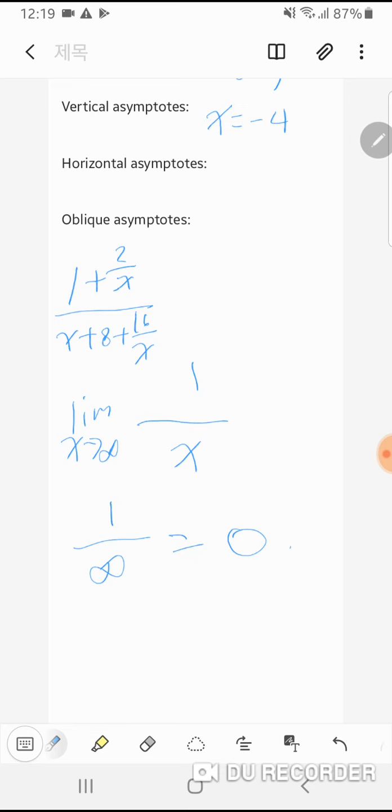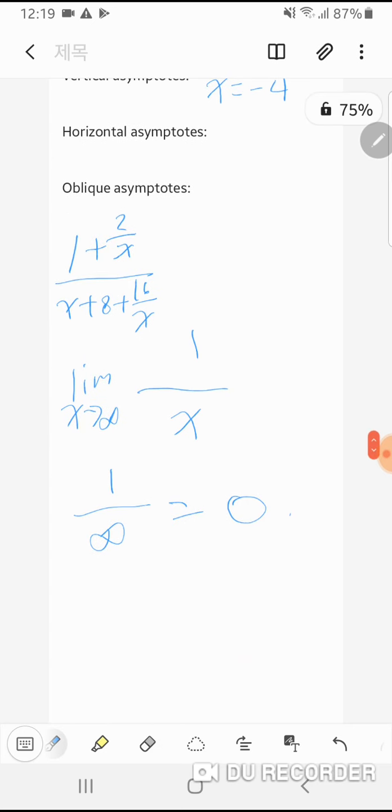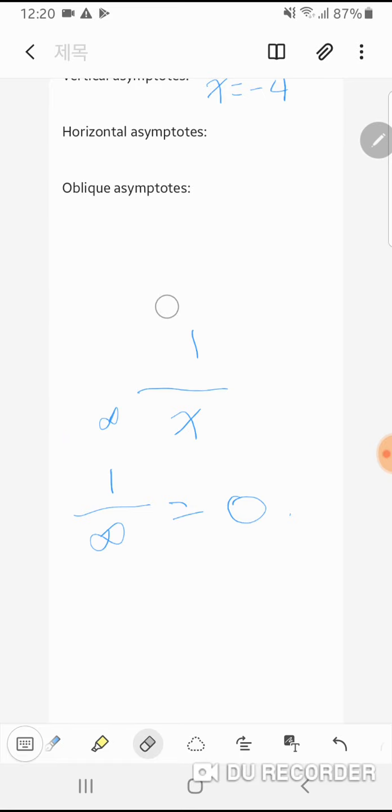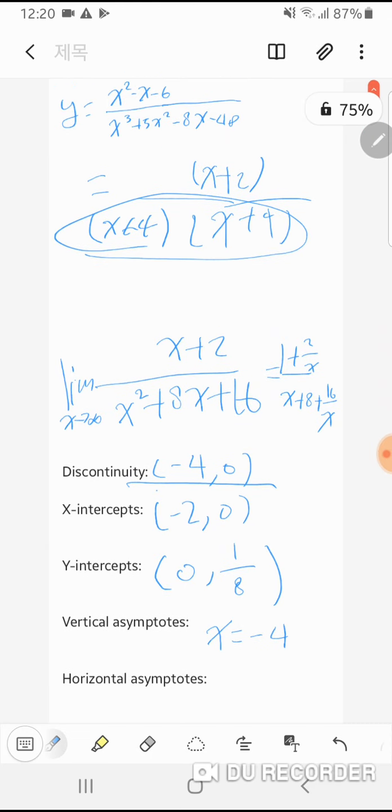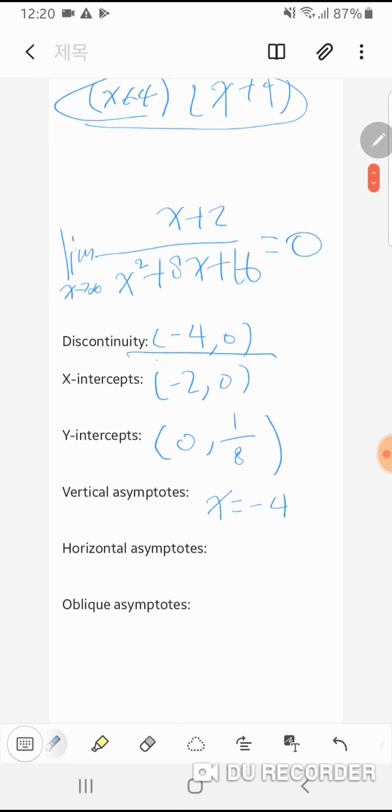I don't know how to explain it further, but this is what I learned and what other people say, so just memorize it. It's just easier that way. That's why we get 0. So our horizontal asymptote has to be 0.